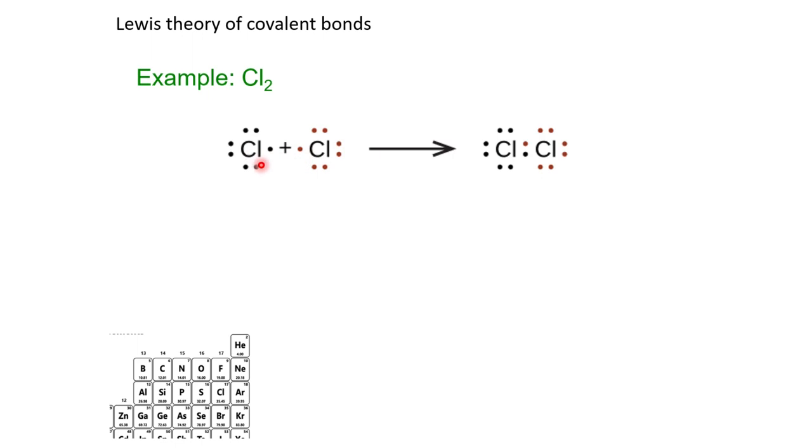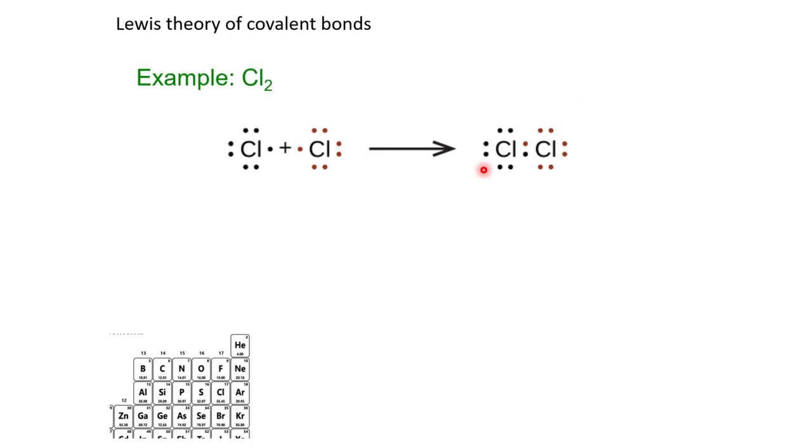So when these two atoms come together to form a molecule of diatomic chlorine, this bond is made up of 1 electron from this one and 1 electron from this one. So now each chlorine seems like it has 8. This nucleus can see 8 valence electrons, and this nucleus can see 8 valence electrons.